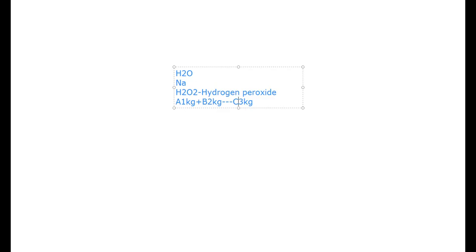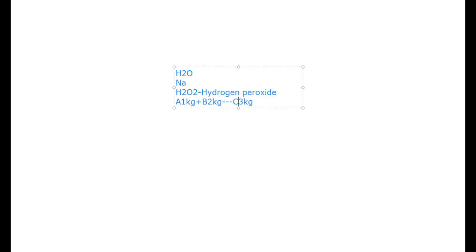It happens only in the case of a nuclear fission reaction. What happens in a nuclear fission reaction? The energy will be lost, isn't it? And we will not get the same mass.